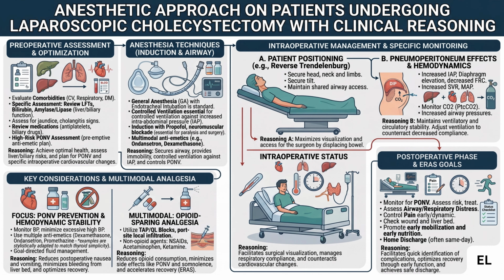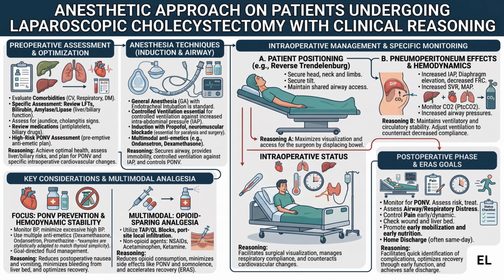The patient is placed in reverse Trendelenburg position with slight left tilt. In this position, the head end is elevated and the body is tilted slightly toward the left side. This allows the abdominal contents and bowel loops to move away from the gallbladder, giving the surgeon better visualization and easier access.